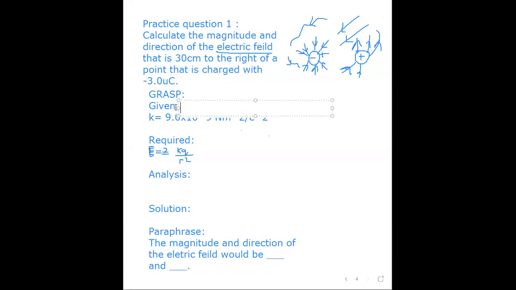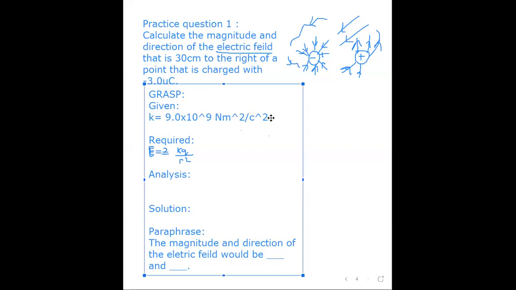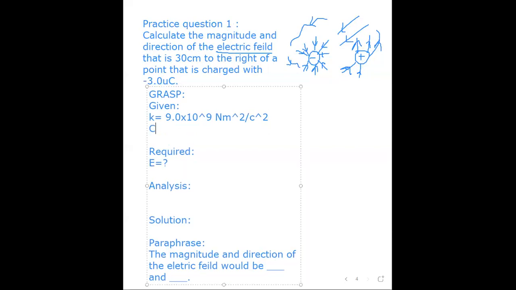So we know k, and we know our value of charge. It's in microcoulombs, so you have to be careful because microcoulombs are a lot smaller than normal coulombs, so you have to convert it. Minus 3.0 microcoulombs is actually 3.0 times 10 to the minus 6 coulombs.